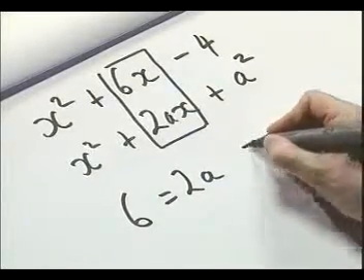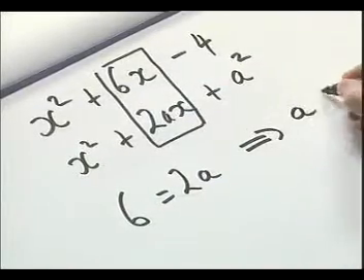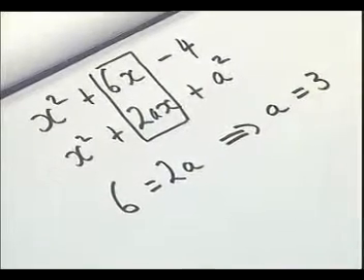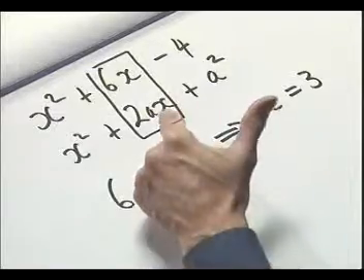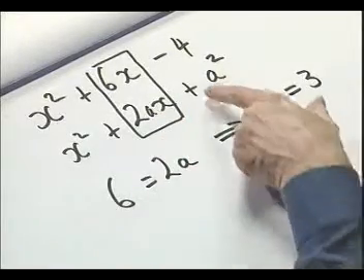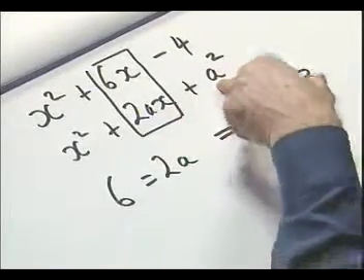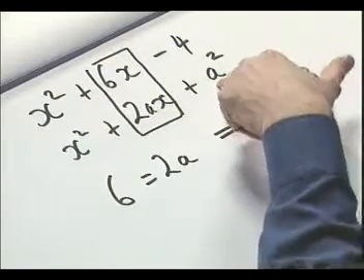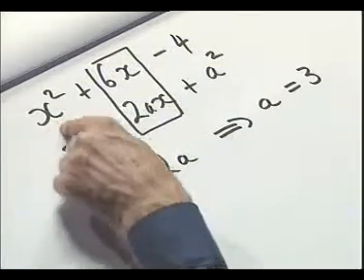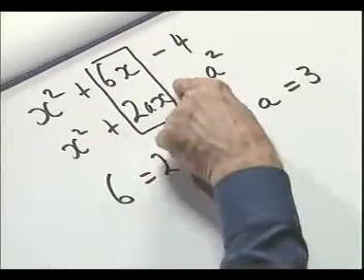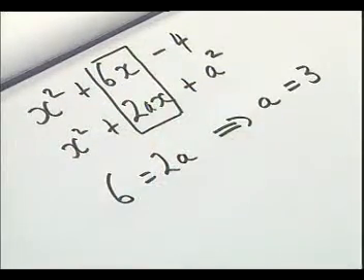And of course that tells us that a is equal to 3. So, if I make a equal to 3, then I've got plus a squared on the end, plus 9. So, I can look at this first bit and I can make it equal to that.